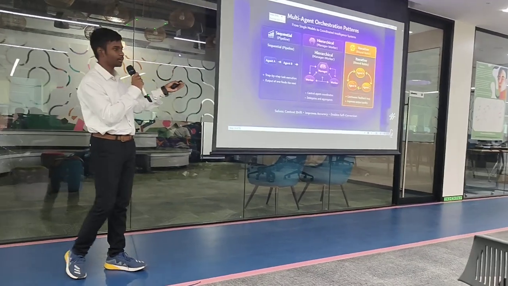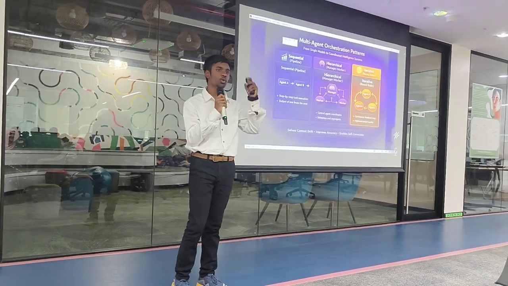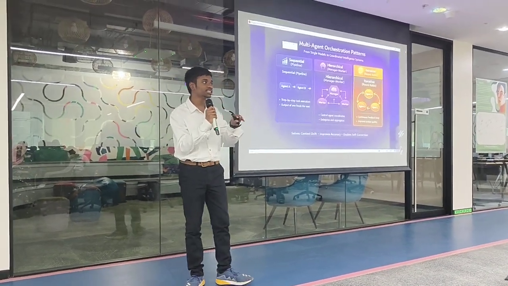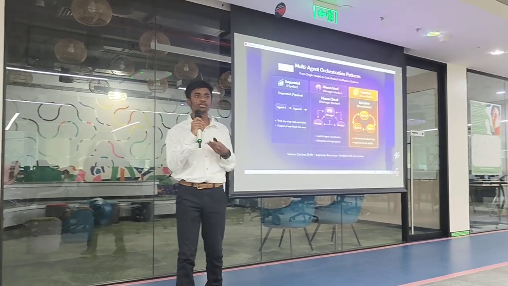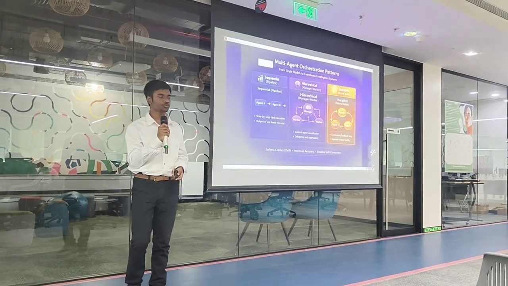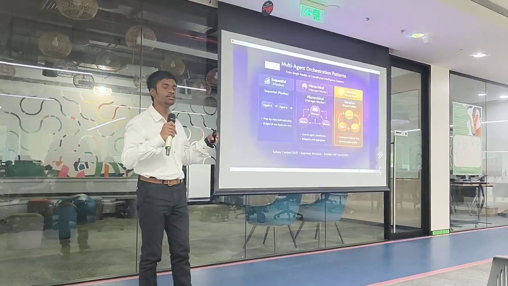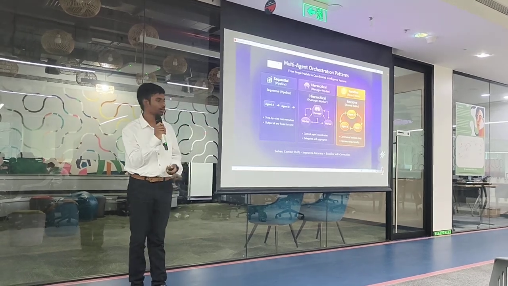Then you have the hierarchical manager workflows. Given a goal, the manager assigns tasks to multiple agents. Each agent is specialized in whatever function it is performing. And at the end, the output is synthesized and passed back to the user.